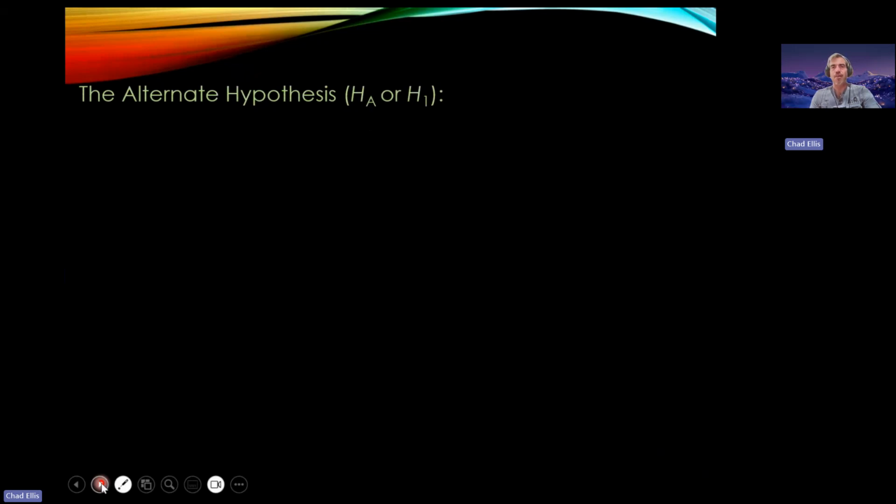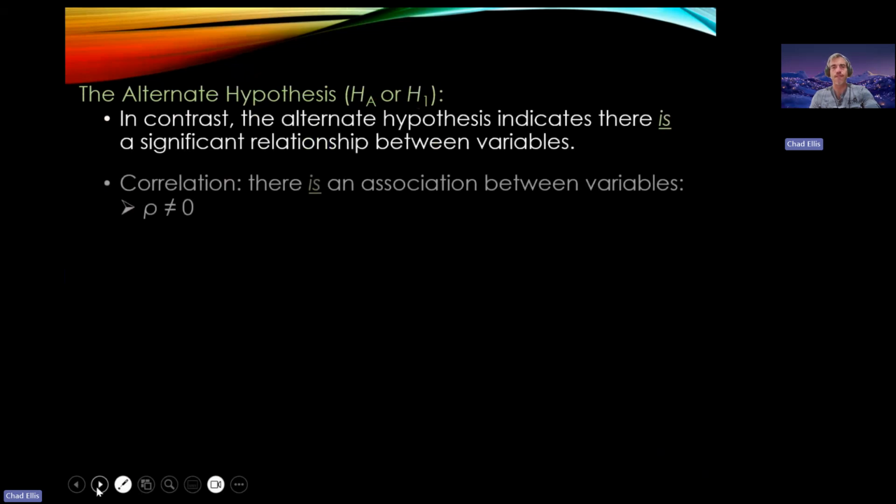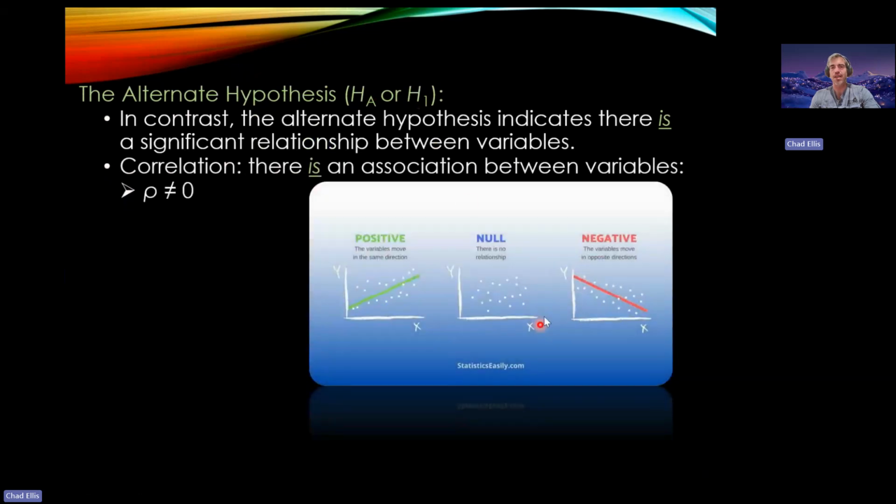So if we reject the null hypothesis, we have to go with the alternative hypothesis, sometimes symbolized by H subscript A or H1. When we go with the alternative hypothesis, that indicates that there is some significant relationship between 2 variables, that there is a correlation that is not random. So in this case, we reject the null hypothesis.